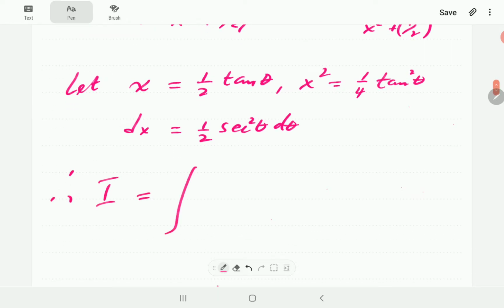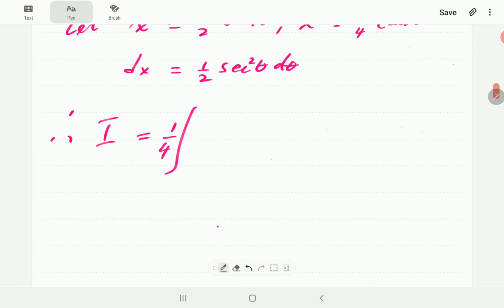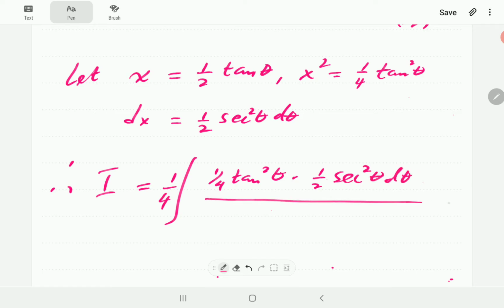So our integral has, remember there is that 1 over 4, it's got x squared in the numerator, so there's going to be 1 over 4 tangent squared theta, then dx is 1/2 secant squared theta d theta.